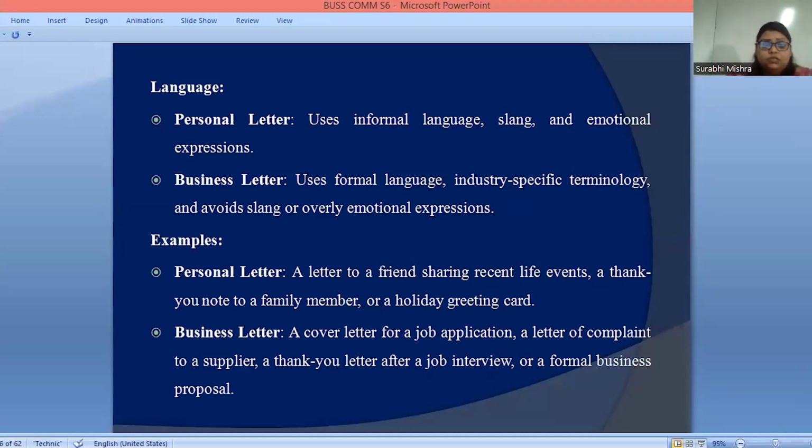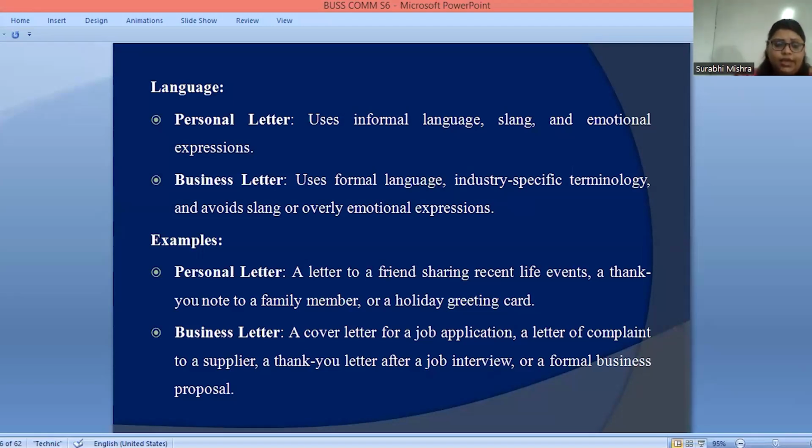As we have already discussed, business letters must be industry specific, must be concise, and contain only concrete information. We don't require any slang over there. Slang is not at all acceptable in business letters, right? Because it doesn't come under the guidelines of business formats.